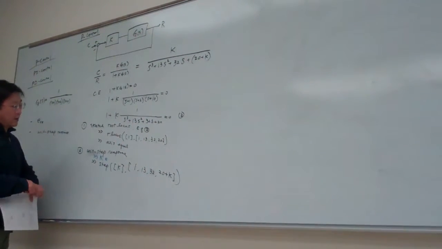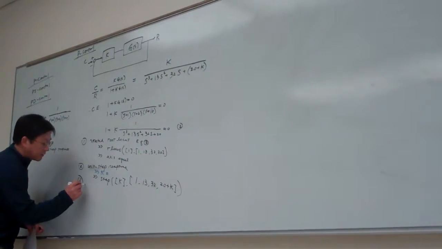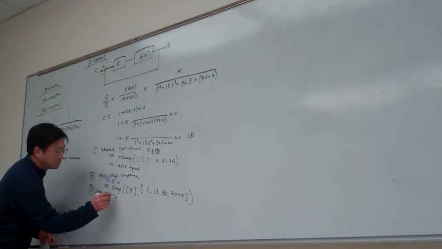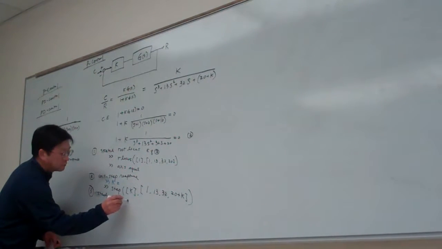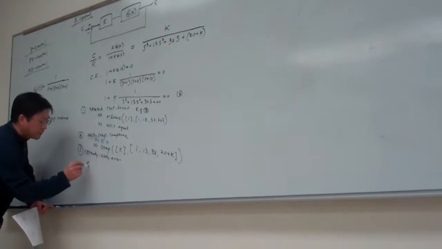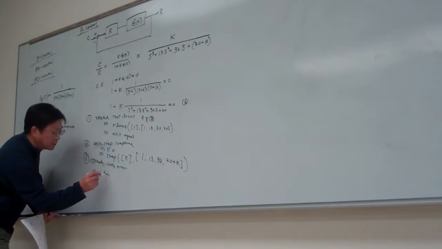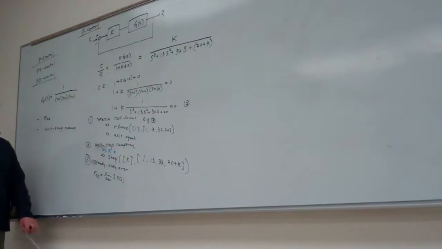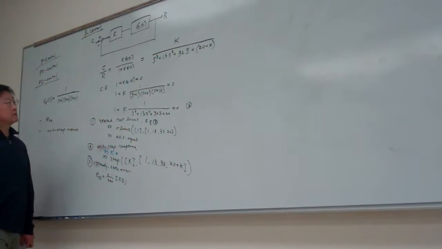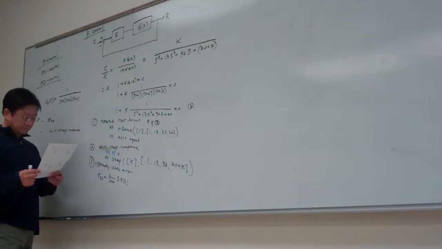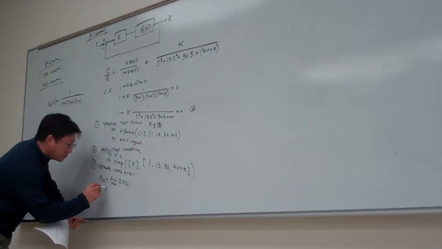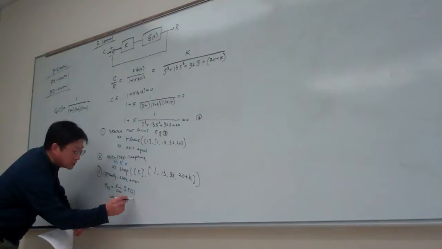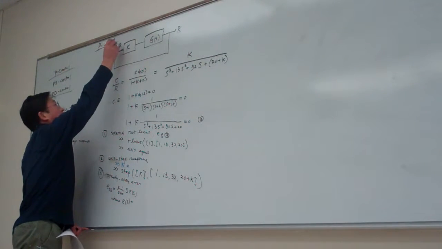And the last one, we calculate the steady state error. Steady state error is the limit. We take this one. So what is E(s)? By definition, E is here.